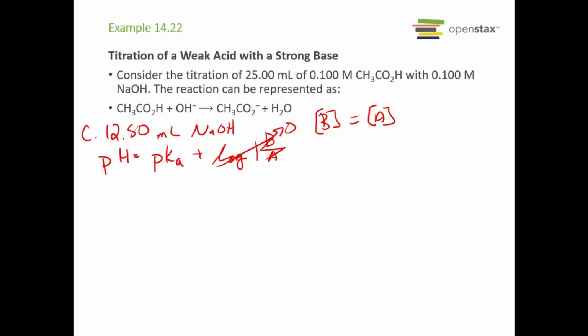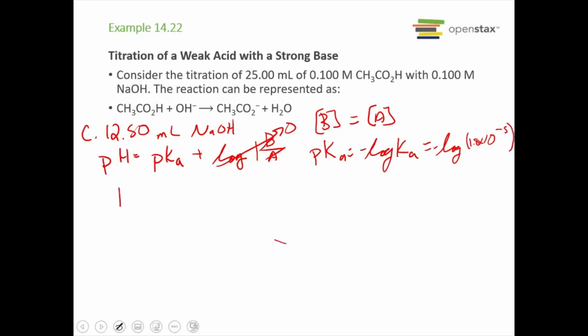To find pKa, we need to take the negative log of Ka, which is the negative log of 1.8 times 10 to the negative 5th power. So then our pH here is equal to 4.74.